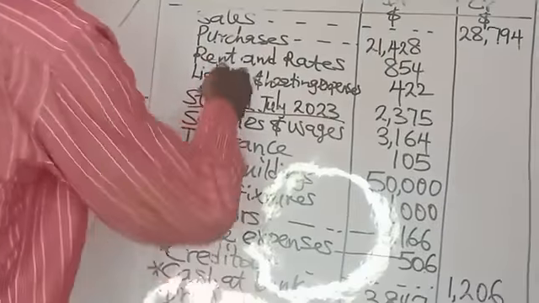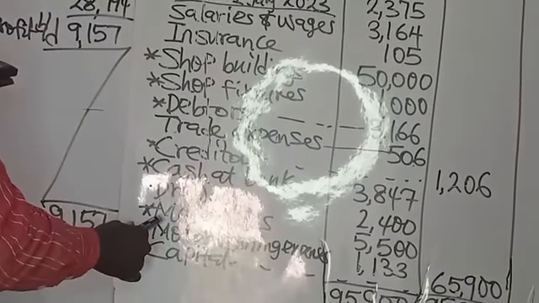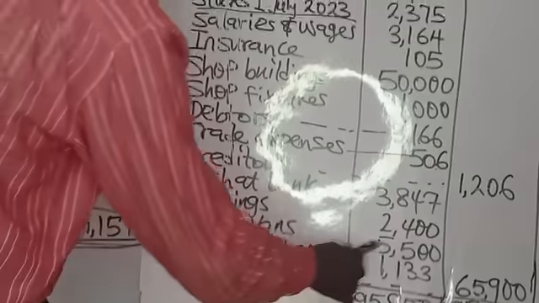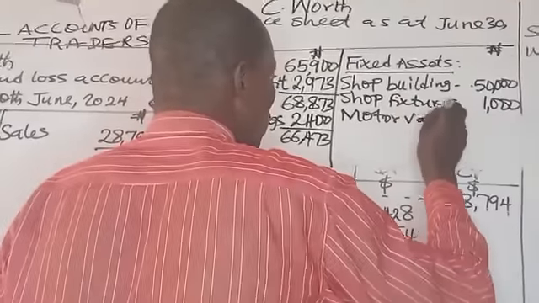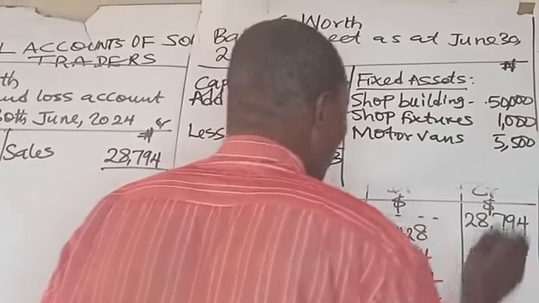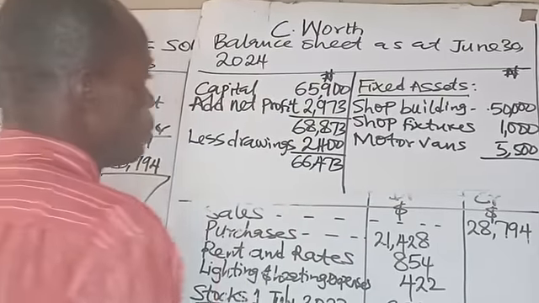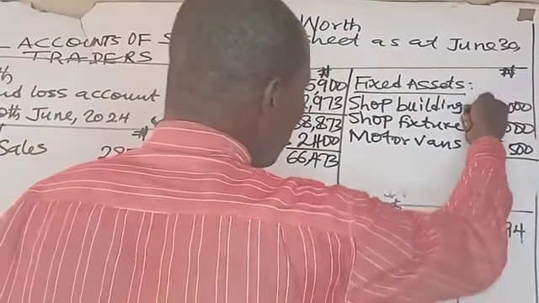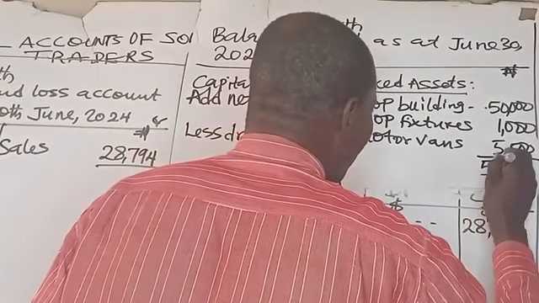If you go through the trial balance, we also have motor vans of 5,500. These are the only non-current fixed assets we have in the question. If you add them together, you'll be having 56,500.